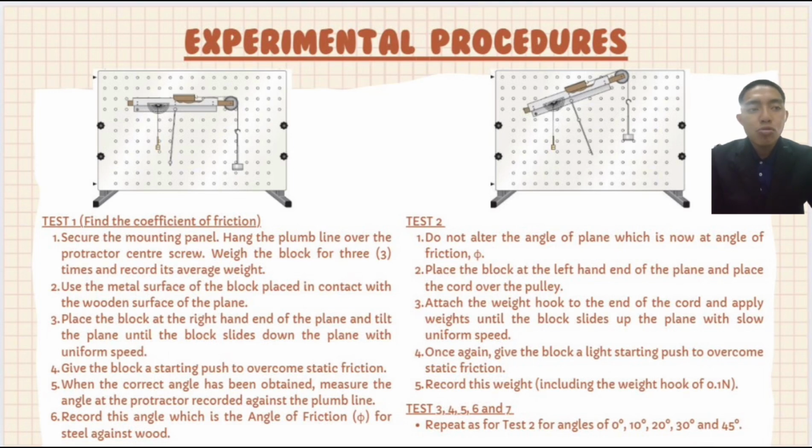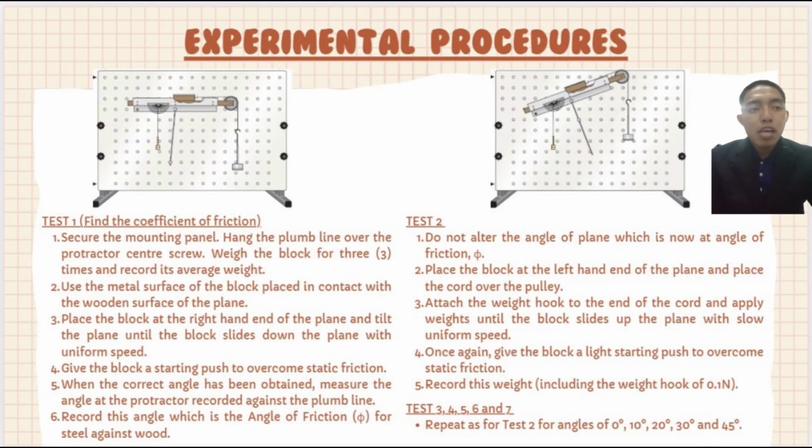For test 2, firstly, do not alter the angle of the plane, which is now at the angle of friction as shown in figure 5.3. Secondly, place the block at the left-hand end of the plane and place the cord over the pulley.